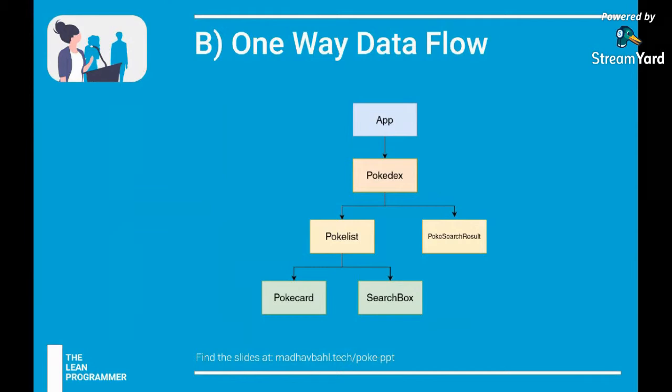And the tricky thing here is the opposite, when we need to pass on the information from child to parent. In that case, we can pass a callback function as our props, which will trigger from the child component and get executed in the parent component. So it's a little bit tricky right now, but yeah.